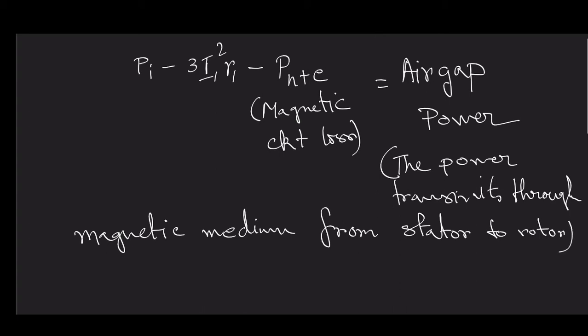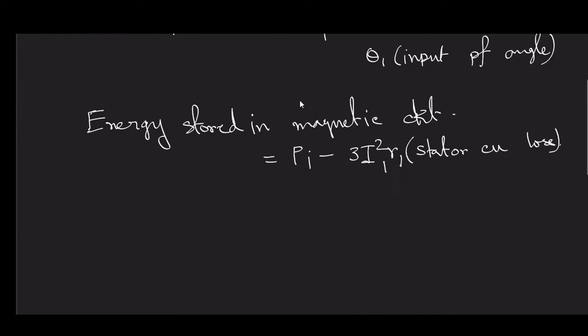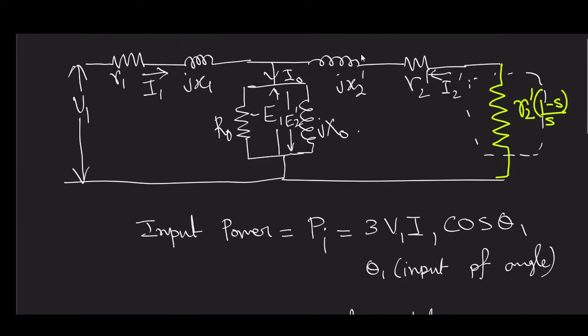So this air gap power, now interestingly, we have already discussed that our induction machine behaves like a secondary short circuited transformer, where the secondary side resistance is a variable resistance. So if you may refer to this diagram also, what is the power here?